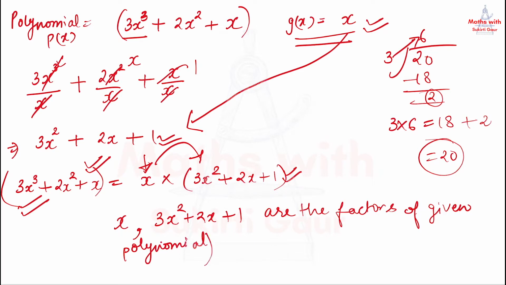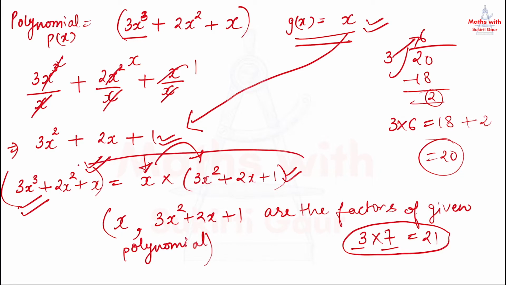Just like we did in the case of 21. When we divided 21 by 3, it gave us 3 multiply 7, 21. Now 3 and 7 were the factors of this dividend. Same happened here.